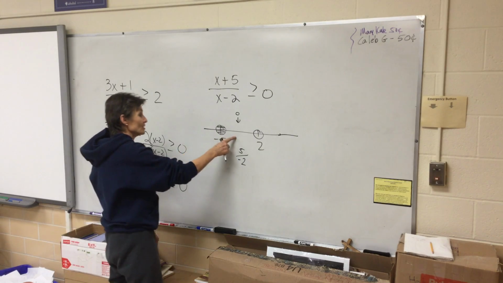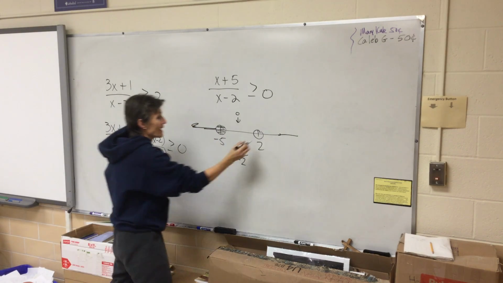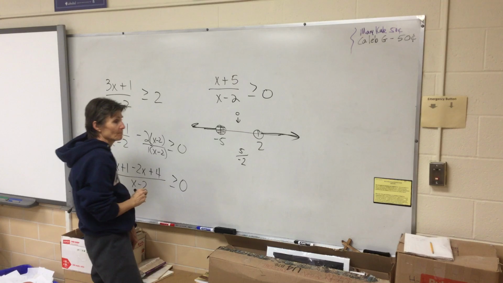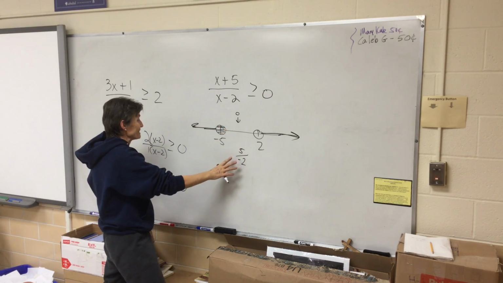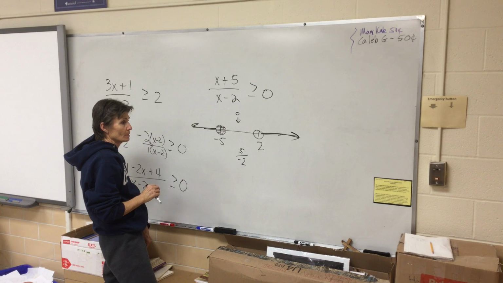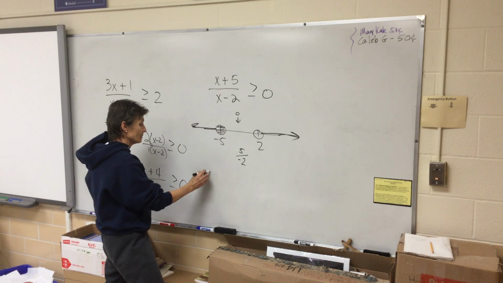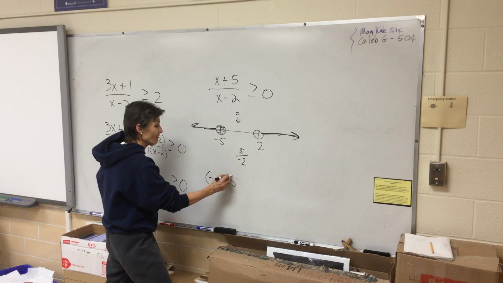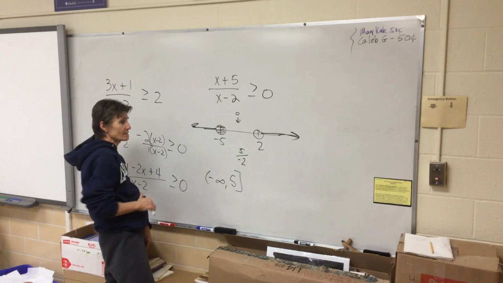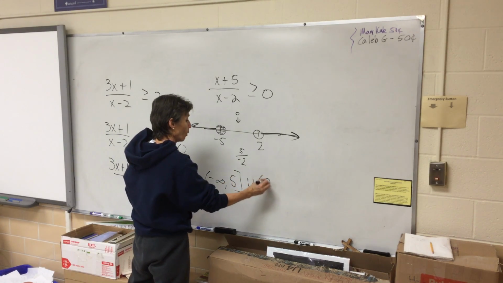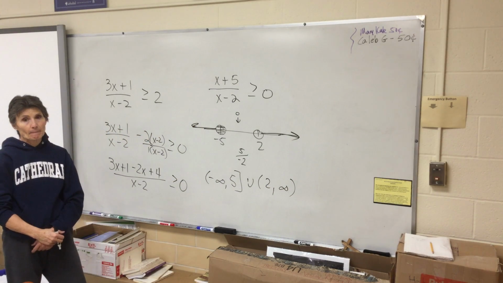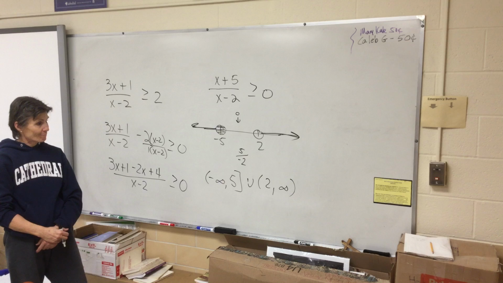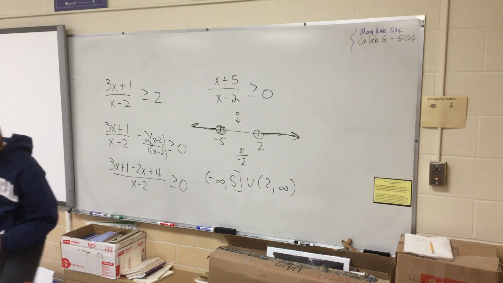So I'm not going to shade here, but I am going to shade both ends. I'm not shading here because I tried a number and it didn't work. So my answer is negative infinity to negative 5, and that one's a bracket since it's a closed dot, or 2 to infinity. And that's it. Good job.